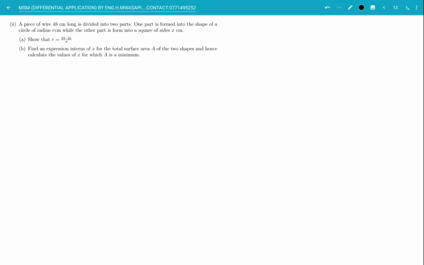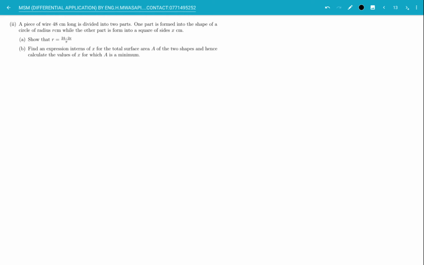Today we're going to be looking at the question which reads: a piece of wire 48 centimeters long is divided into two parts. One part is formed into the shape of a circle of radius r centimeters, while the other part is formed into a shape of a square of sides x.